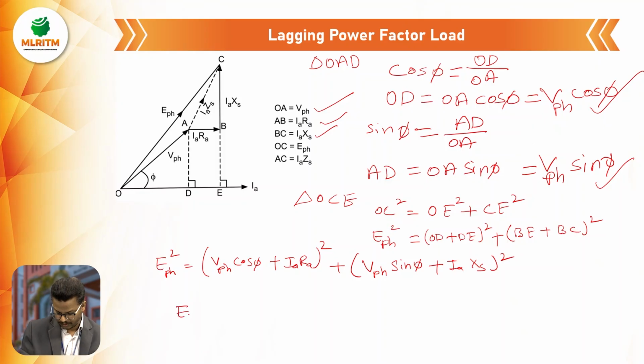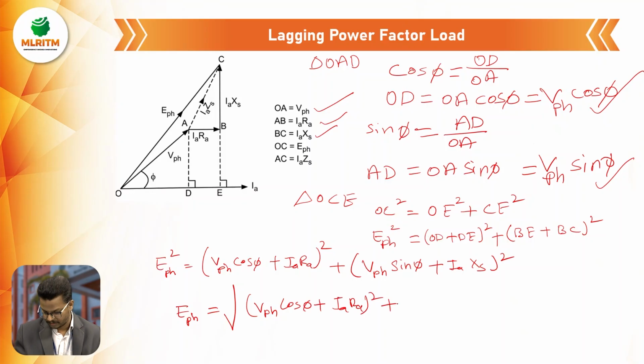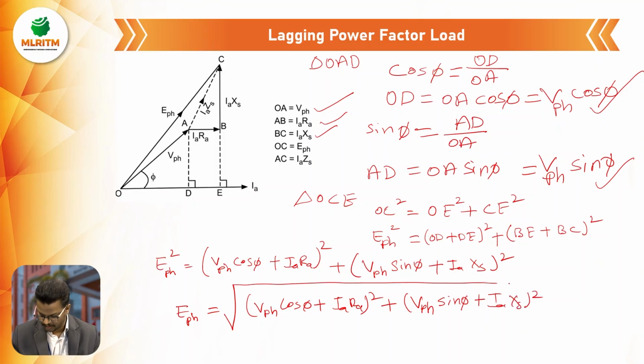So E phase equals the square root of (V phase cos phi plus IaRa) square plus (V phase sin phi plus IaXs) square. This is the EMF equation for lagging power factor under loaded condition for the alternator.